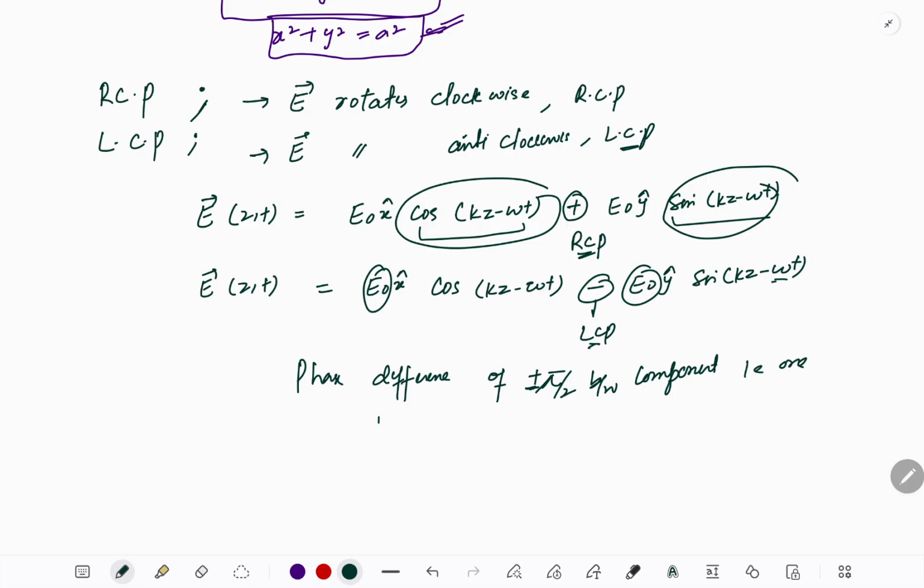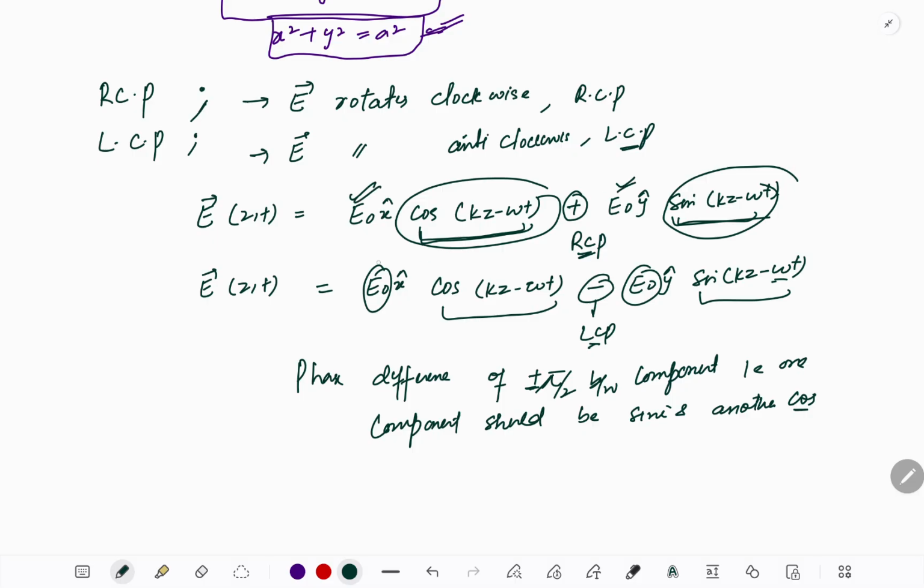One component should be sine and another cos. Then there would be a phase difference of plus minus pi by 2, and also the amplitude must be the same. Then it is circular polarization.